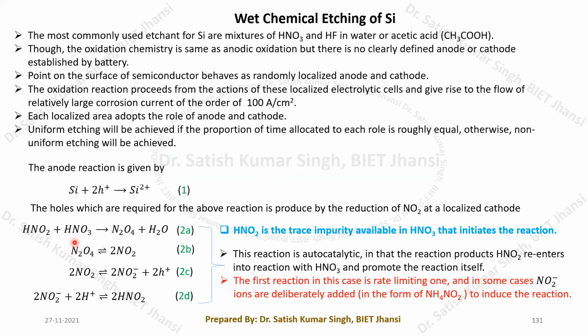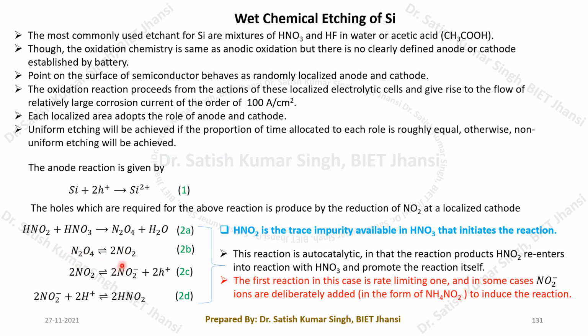As I explained, HNO2 is a trace impurity which is available along with the HNO3. We are not adding it from anywhere; it is already available with the HNO3. Now, this N2O4 is continuously forming the product NO2. It is a bidirectional reaction, so it forms this product, and again sometimes forms this.